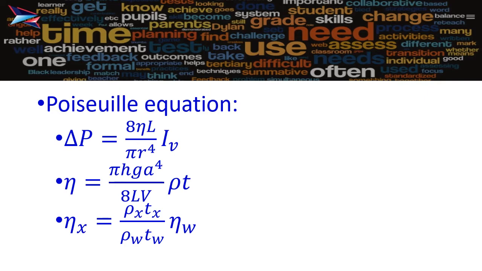And rho x and t x are the density of the liquid which we do not know yet and the time when it goes through the fine tube. And rho w and t w are the density of water and the time when it goes through the fine tube. So with all of these parameters, we will determine eta x, the viscosity of your liquid which is not known yet.